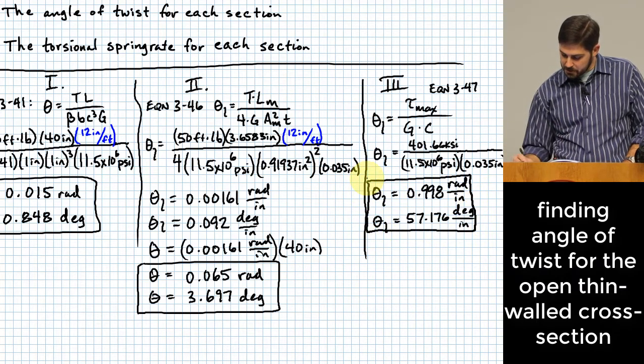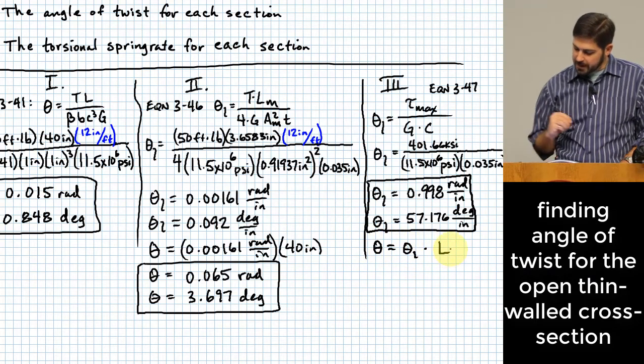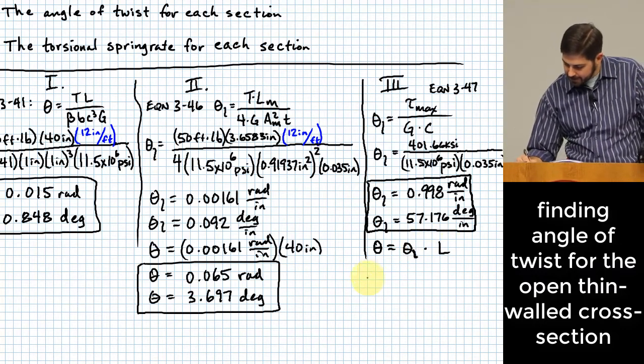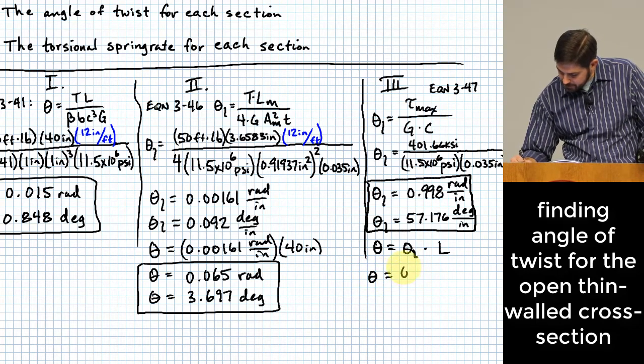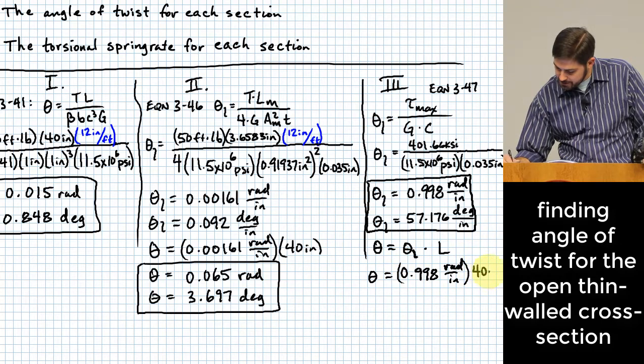So again, with this one, we would take theta sub L and multiply it by the overall length. And so theta would be equal to 0.998 radians per inch multiplied by 40 inches.